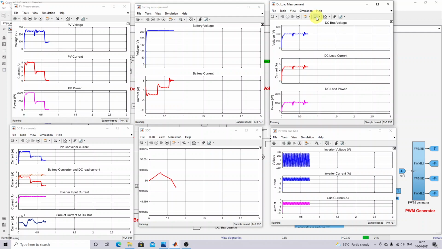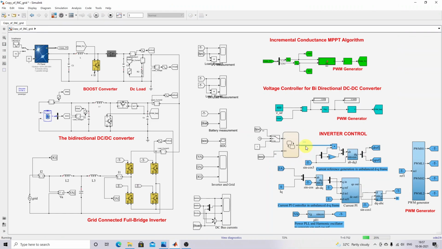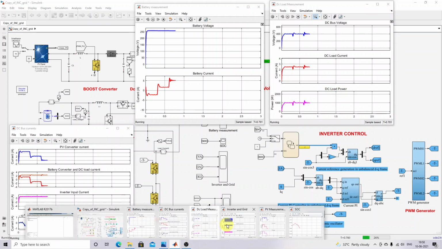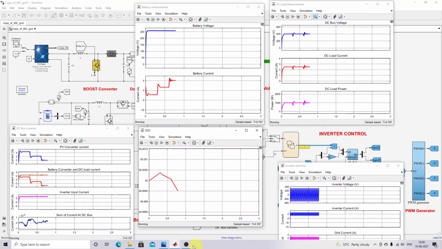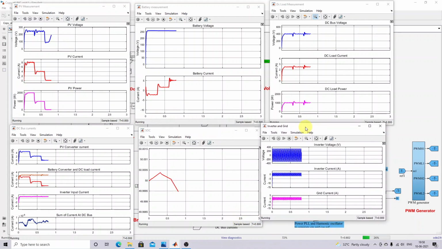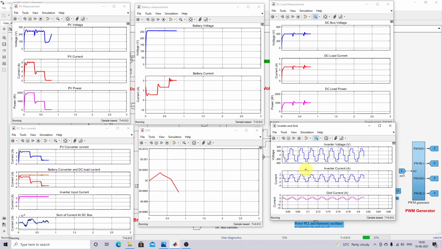Now you can see the logic from the system here: the reference current is now set at 2 amps peak. Now I will zoom the inverter current, you will get the idea.